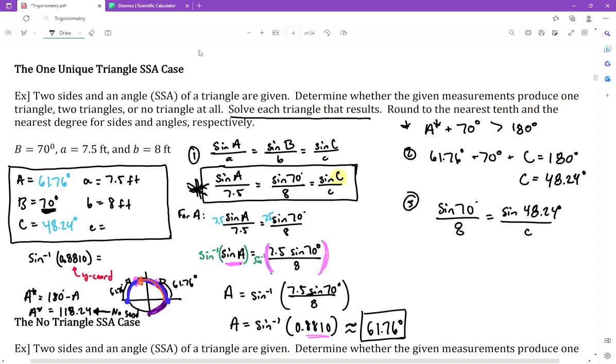Okay, and then now it's cross multiply, so we would have C sine of 70 degrees equals 8 sine of 48.24 degrees. And then we'll divide both sides by sine of 70. So we have little c is 8 sine of 48.24 degrees over sine of 70. And then now we can finally go back to the calculator, plug all of that in, and have our final little c answer.